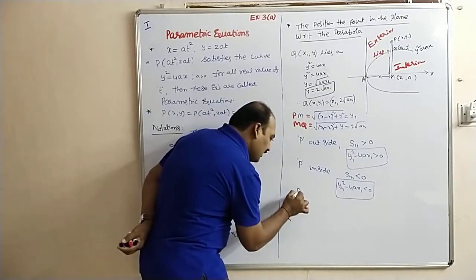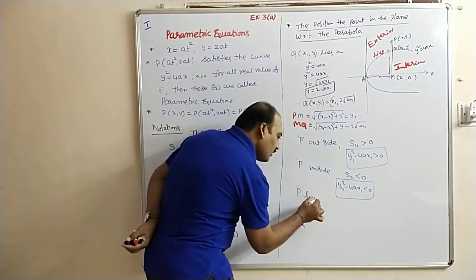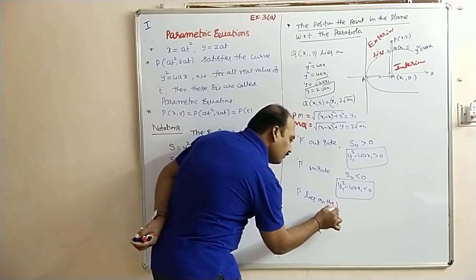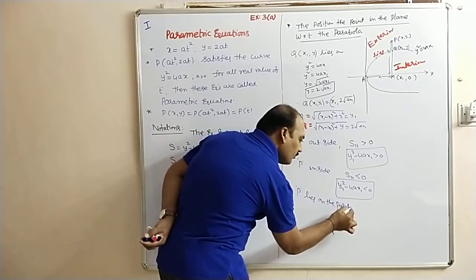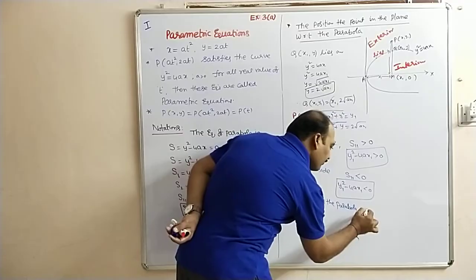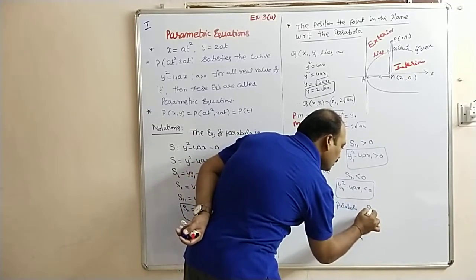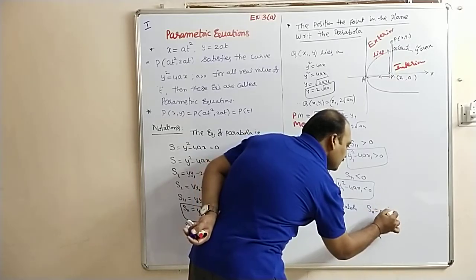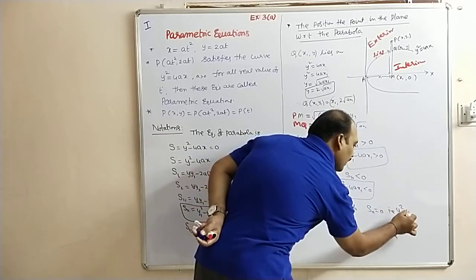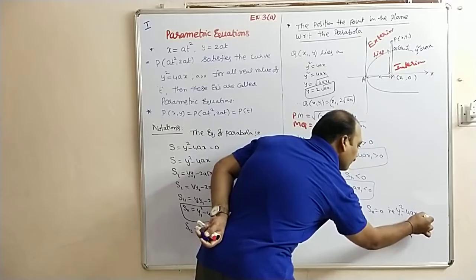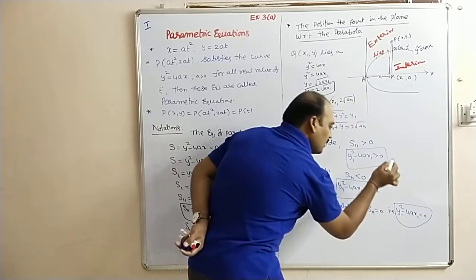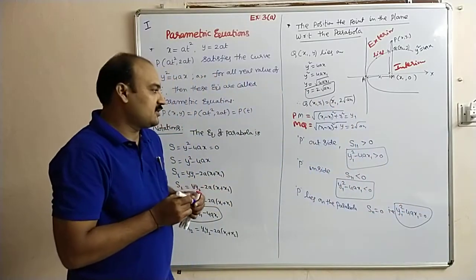If the point lies on the parabola, S11 equal to 0, that is y1 square minus 4ax1 equal to 0. When the point lies on it, these are the things we get.